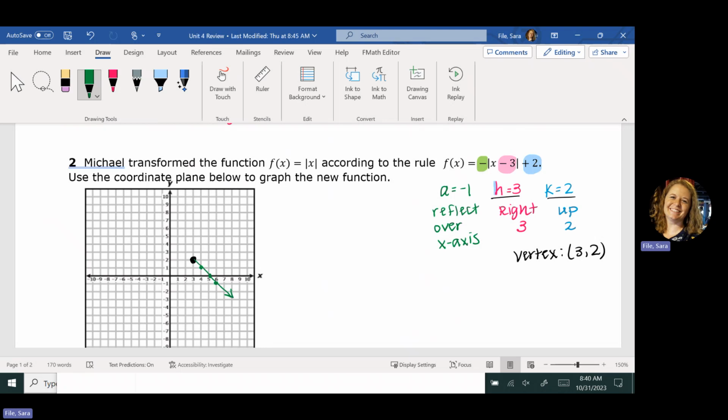And then I just have to reflect that over to this side. So it was reflected over the x-axis. It's opening down. I know it's opening down as soon as I see that that's a negative. I immediately know it's upside down. Okay, and then it's been shifted right and up 2 from the 0, 0, where the vertex starts.